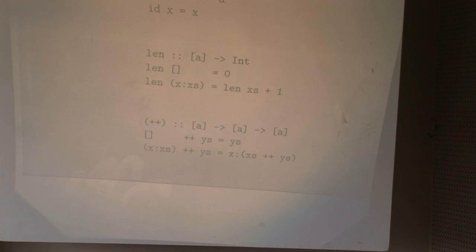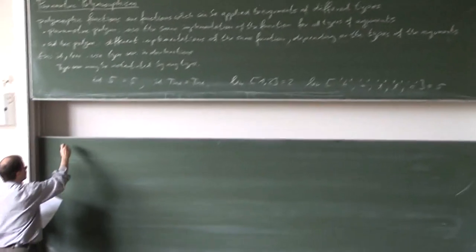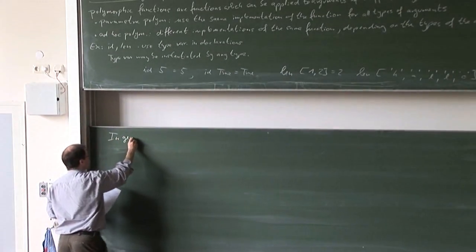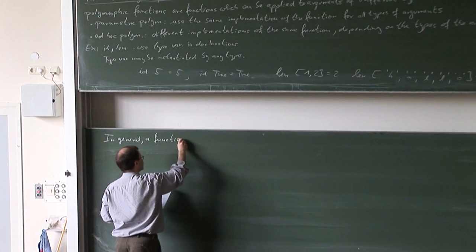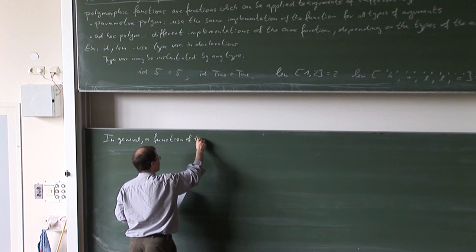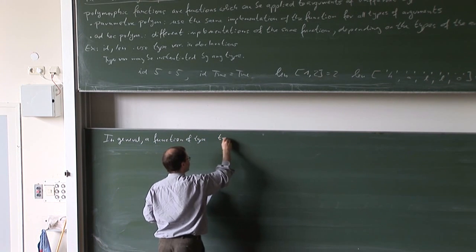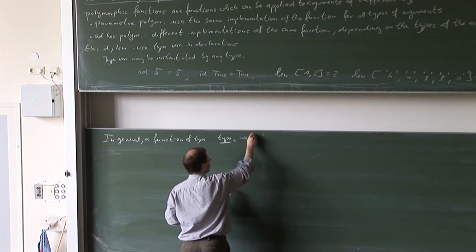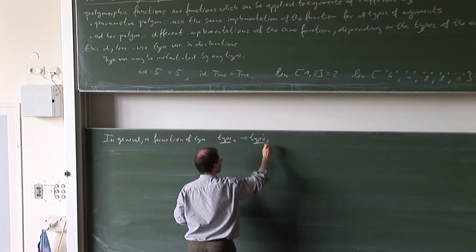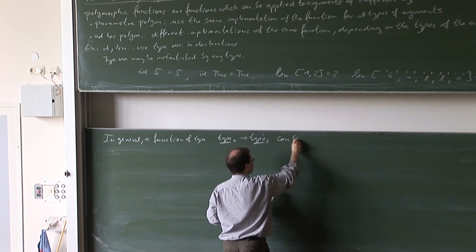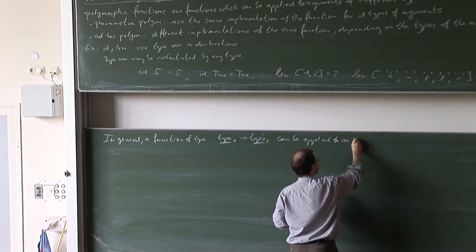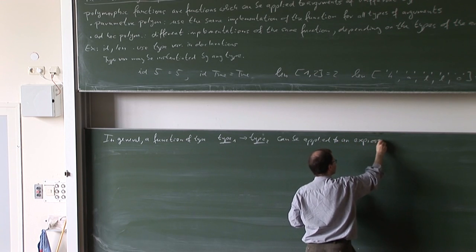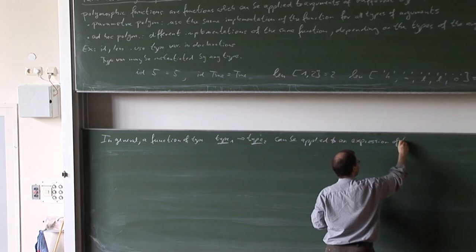So in general, how would that work? In general, a function of the type type 1 arrow type 2 can be applied to an expression of type.